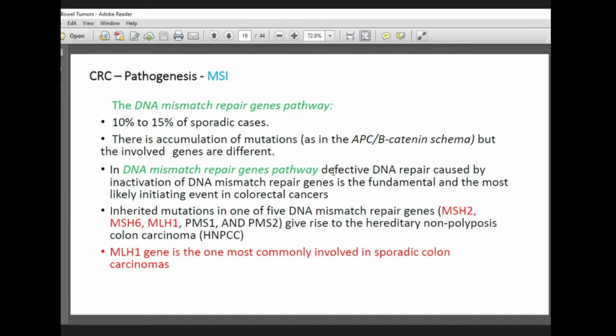The defective DNA goes into the cell cycle and there is development of the mutation. So you have MSH2, MSH6, MLH1. These are very important genes, especially MLH1, which is one of the most commonly involved in sporadic colon cancer.